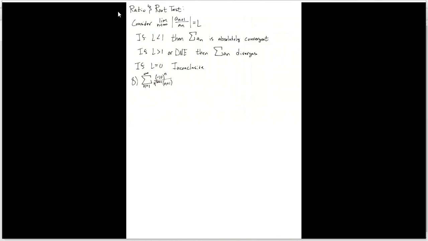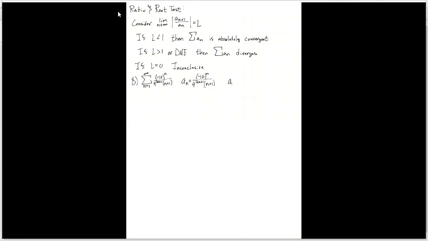Okay, so let's define what a_n is: negative 10 to the n over 4 to the 2n plus 1 times n plus 1.